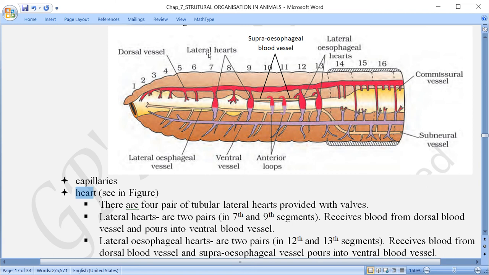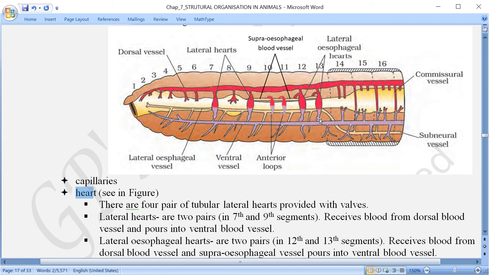So what you can see here, lateral hearts 2 are there. It is visible in the figure in 7th and 9th segment, and then 2 over here are there. These are called lateral esophageal hearts. One is located in the 12th segment and the other one is located in the 13th segment.